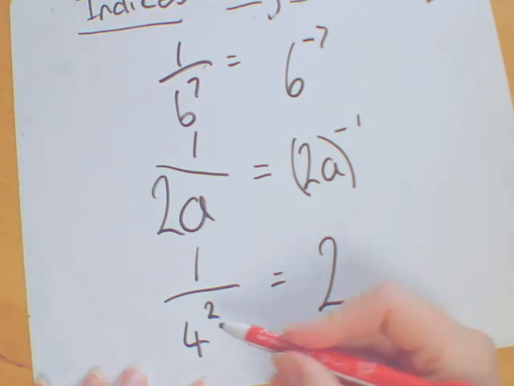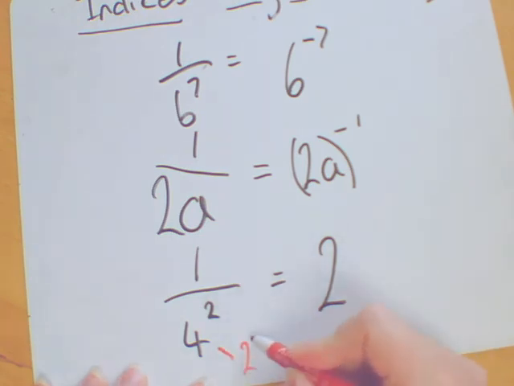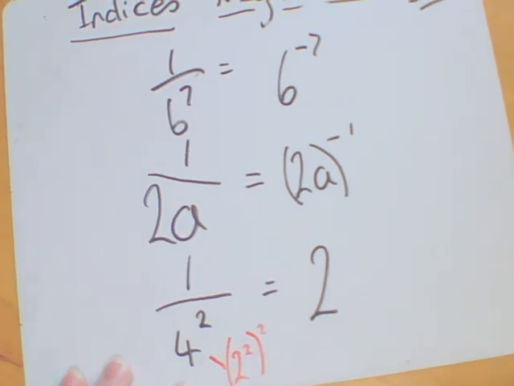But I could write that as 2 squared, because 4 is 2 squared, squared. In which case, I've actually got 2 to the power of 4 on the denominator of that fraction. So up here, I would have 2 to the power of negative 4.